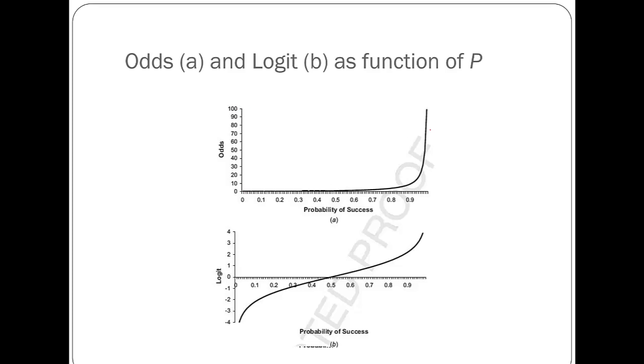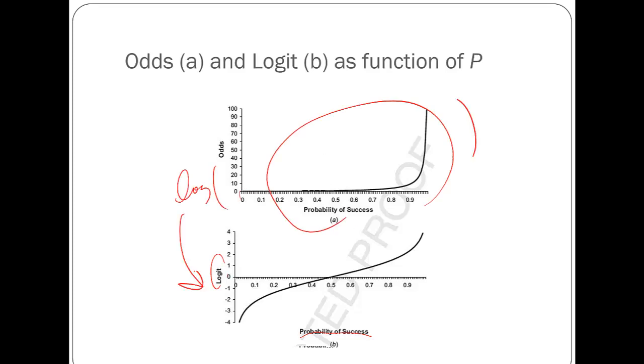If we take the log of this function, then we get this sideways S-shaped function that says here we still have probability of success, but now we have the logit. So we just take the log of this thing, and that gives us that.